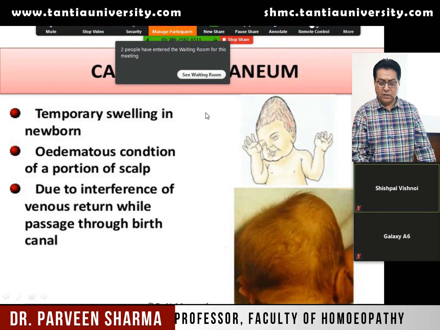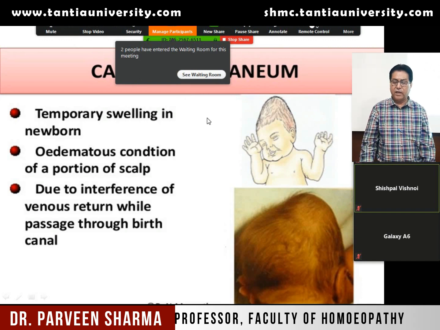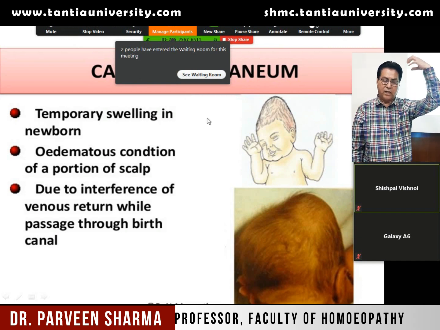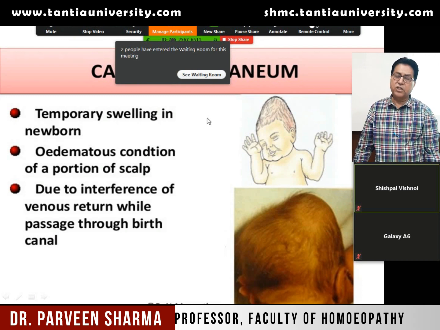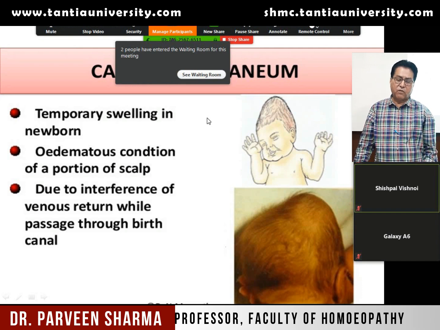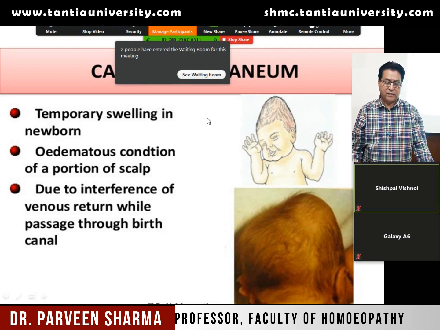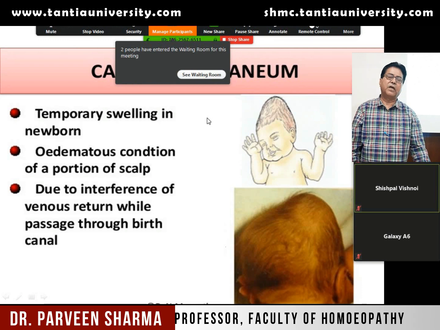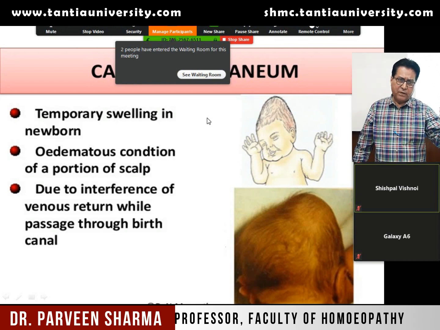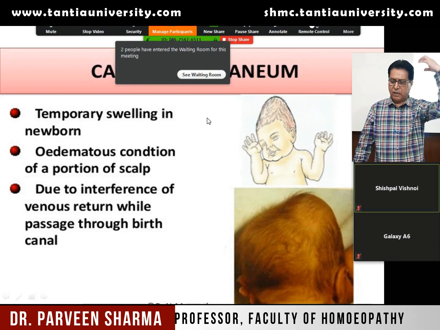Now next, when there is temporary swelling in a newborn baby, this swelling is an edematous condition of a portion of the skull. It is because of interference in the venous drainage through the birth canal. So if the venous blood flow through the birth canal is obstructed, that can cause swelling over the skull.